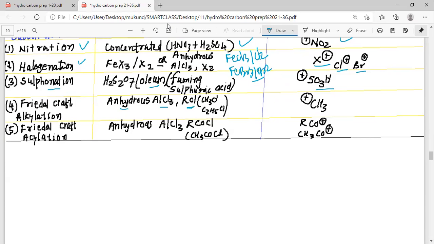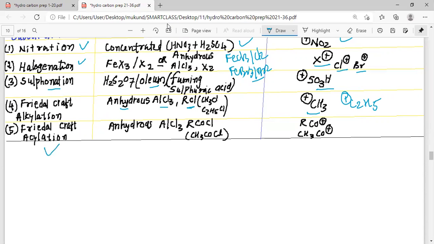This RCl may be CH3Cl or C2H5Cl, and the electrophile that we may have may be CH3+ or C2H5+, my dear students. So on the basis of that, we can understand the Friedel-Crafts alkylation.